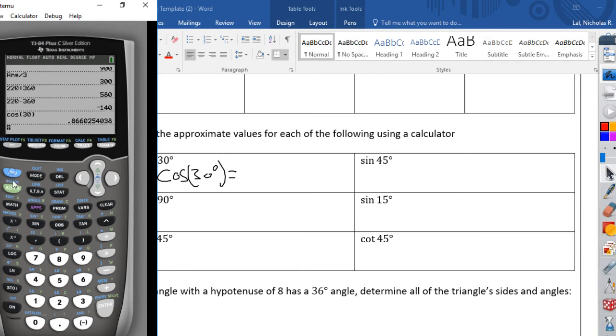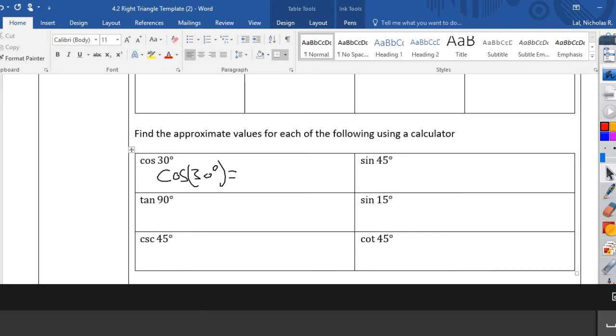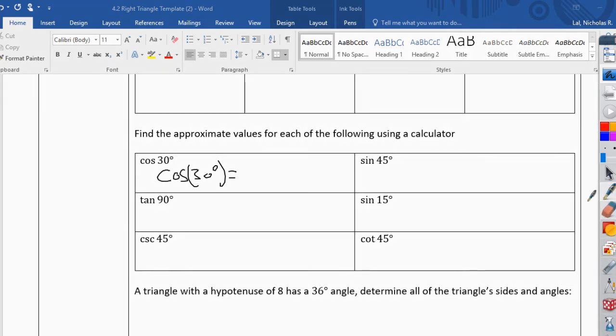Also find the root 3 over 2. See how they're similar. So the cosine of 30 is approximately equal to 0.866, but is precisely equal to root 3 over 2.